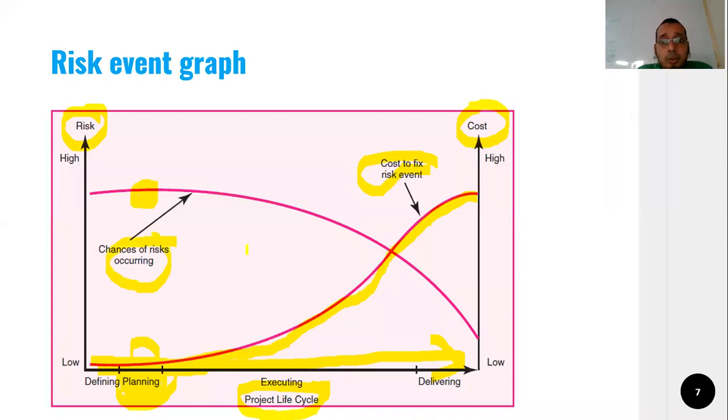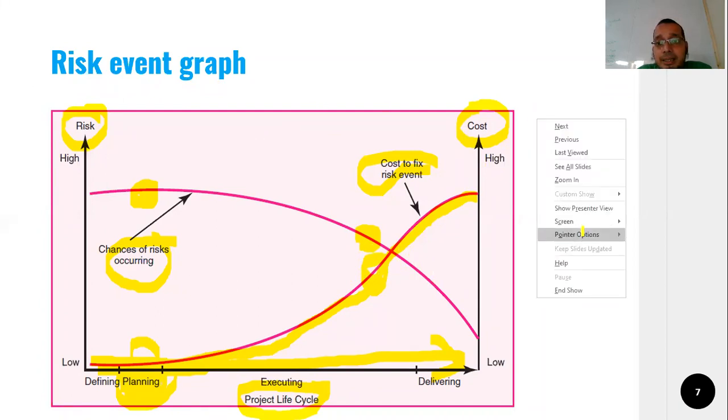Another thing: if we identify the risk only after the execution, the cost graph becomes high. You understand? So it is all about the association. The risk event graph shows the association.